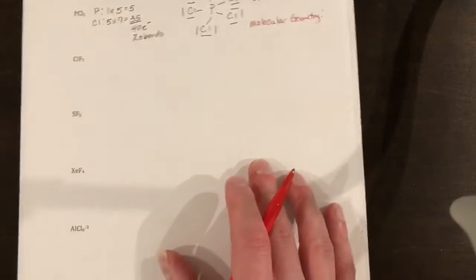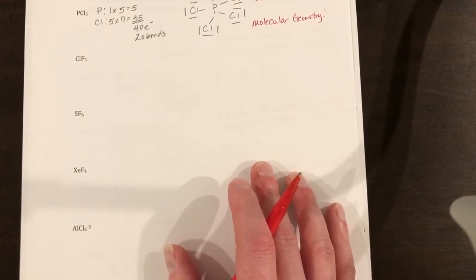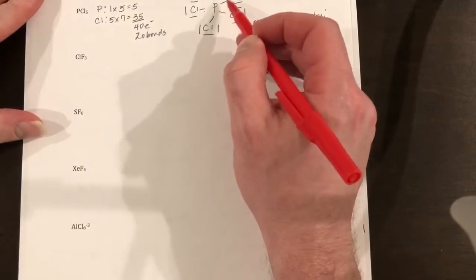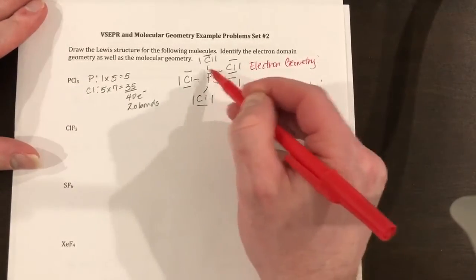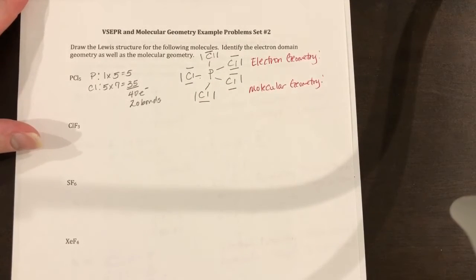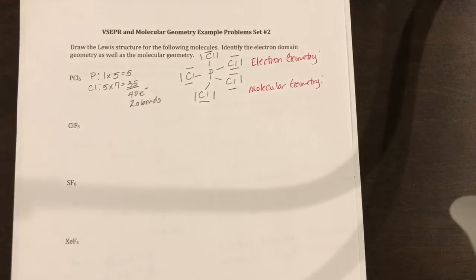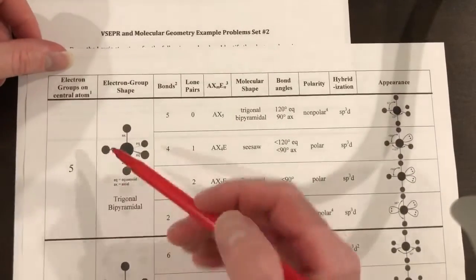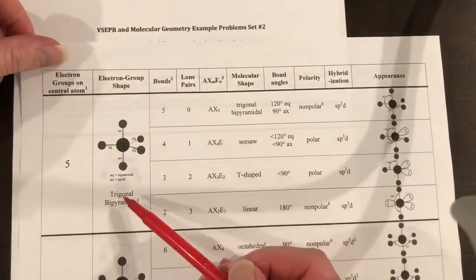Okay, so we're going to go to our chart. We have 5 bonding domains. 1, 2, 3, 4, 5. 5 bonding domains, okay? Now, when we do this, we're going to look at the back of our chart. Okay, so our electron geometry is trigonal bipyramidal.